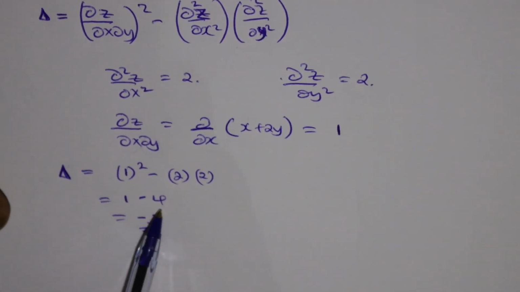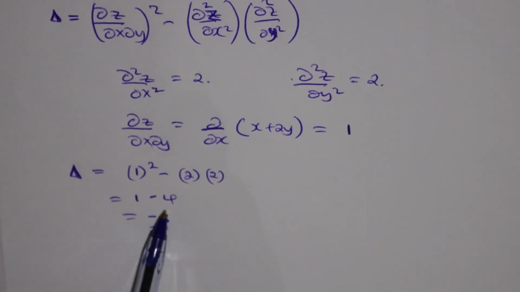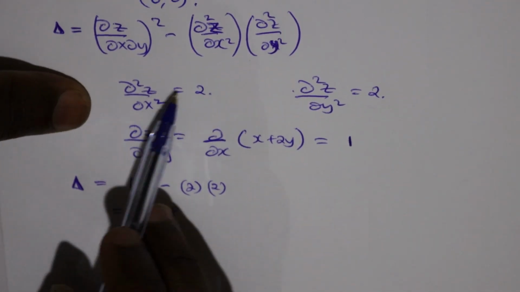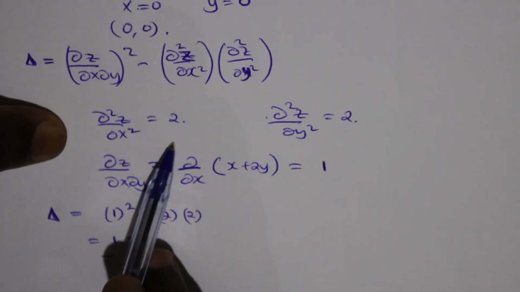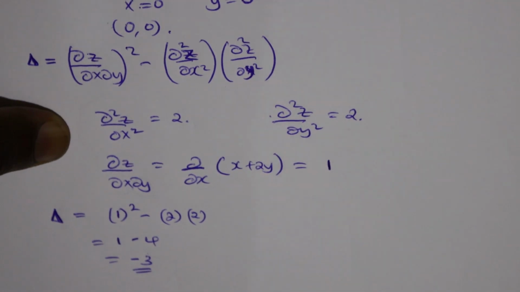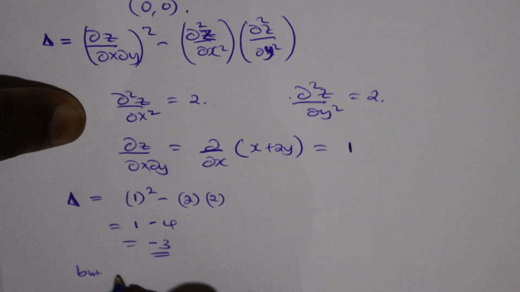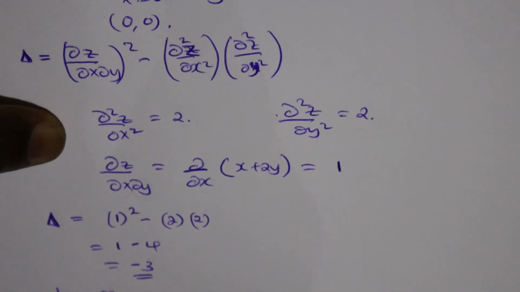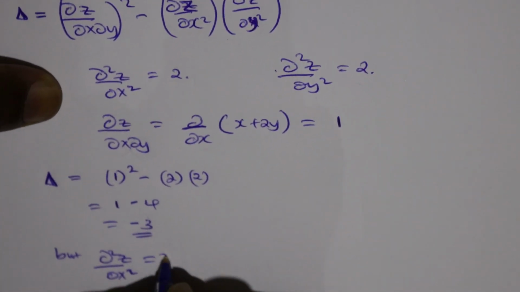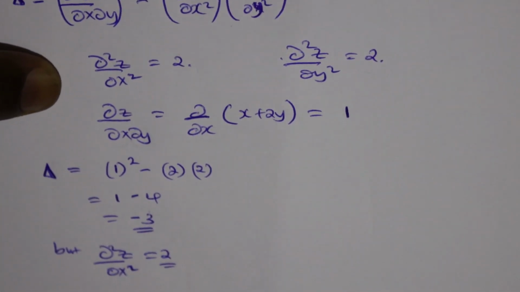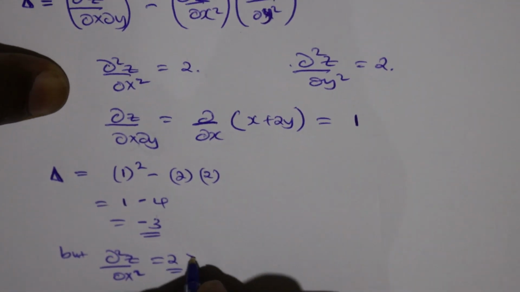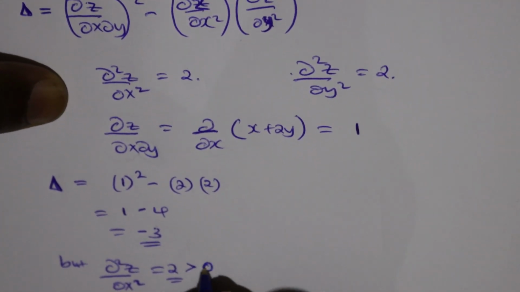Therefore, when you have this value being negative, you go back and check the value of d²z/dx². Was it positive or negative? Our d²z/dx² is equal to 2, which is greater than 0.